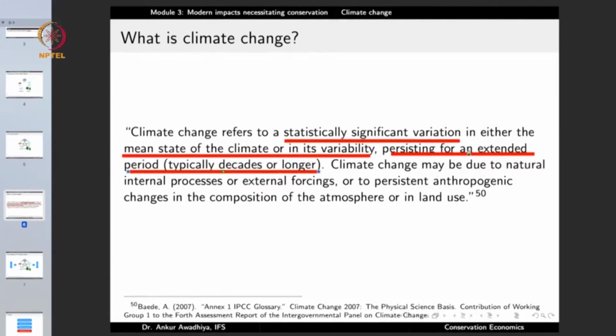Now, climate change may be due to natural internal processes or because of external forcings or to persistent anthropogenic changes in the composition of the atmosphere or in land use.